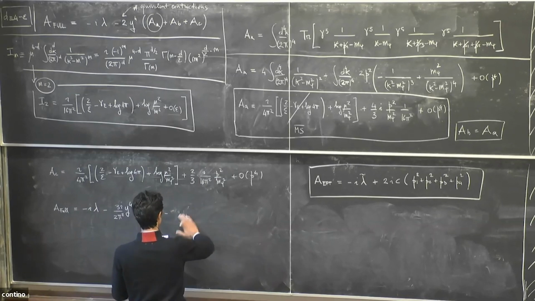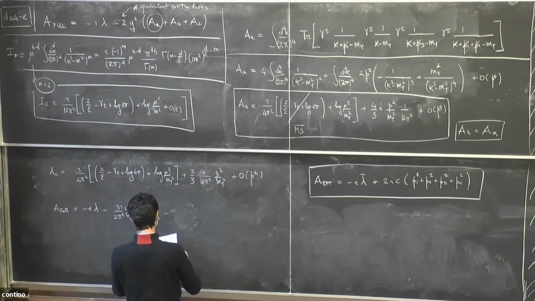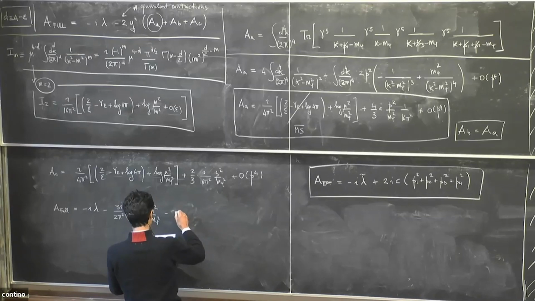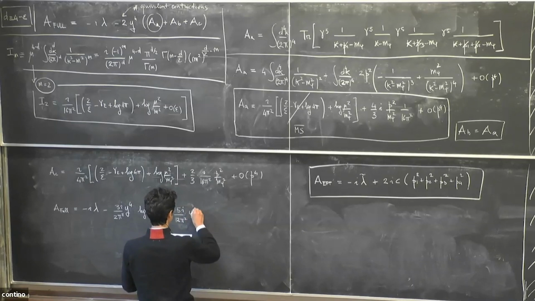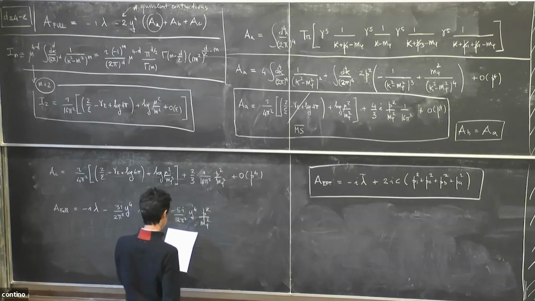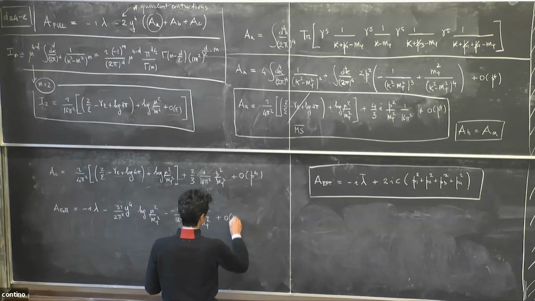Sorry, I need to do a little algebra on the fly. So this is actually 5i divided by 12 pi squared, y to the fourth, p squared divided by m psi squared, plus order p to the fourth.